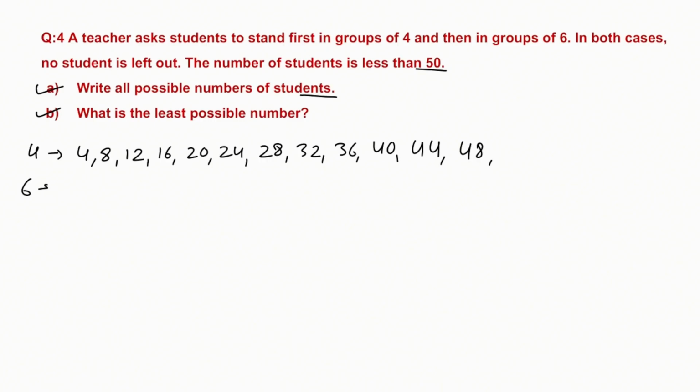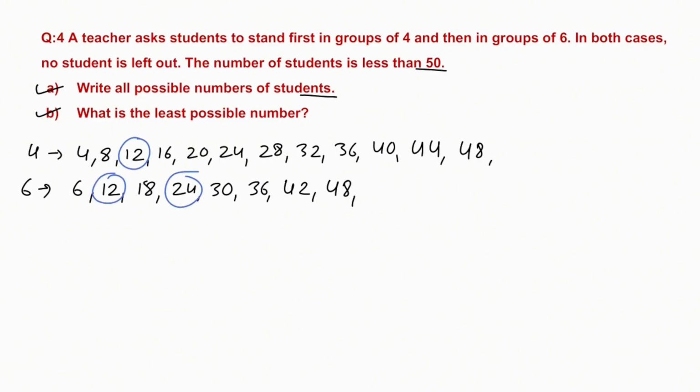Now multiples of 6 is and next number will be 54, which is greater than 50. Now what are the common multiples? 24, 36 and 48.